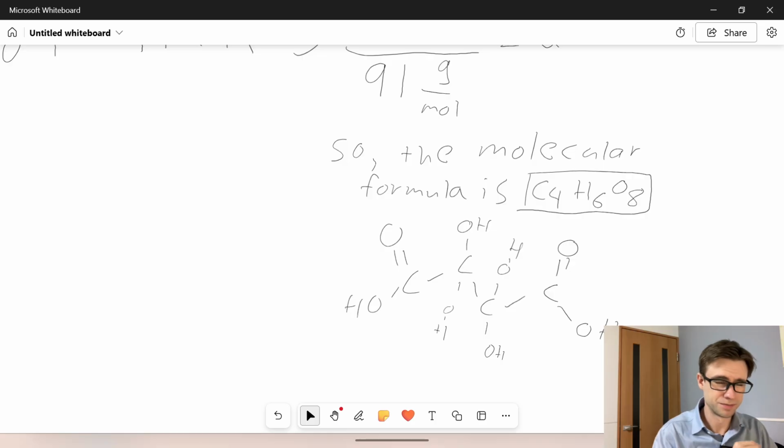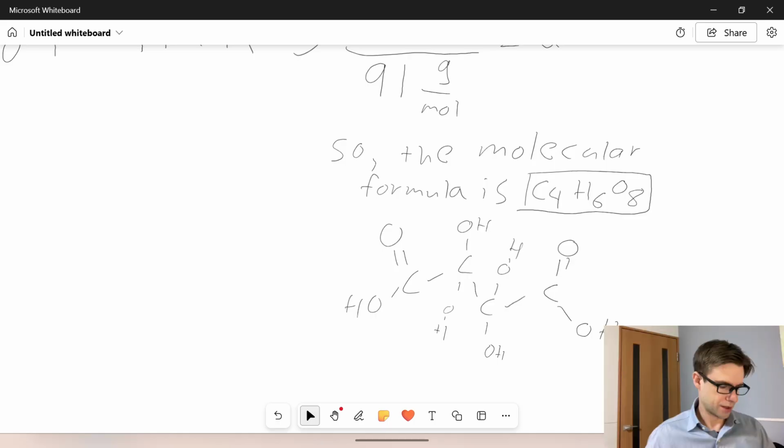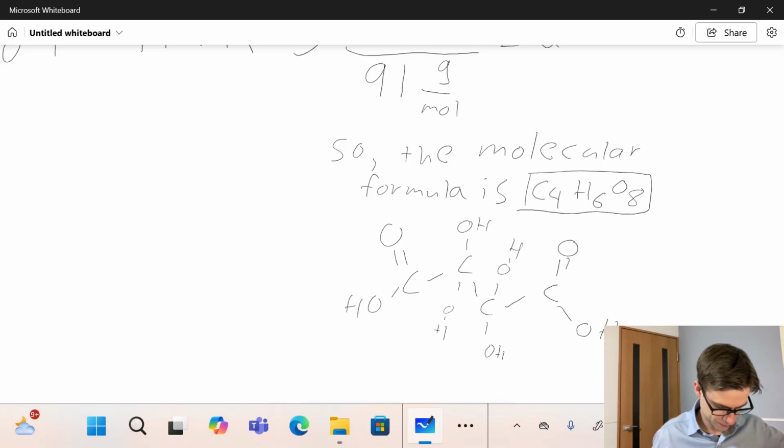It's called dihydroxytartaric acid or something. So that's a reasonable structure. I've drawn it pretty poorly, but there's nothing illegal about the bonding in this. I don't expect you to know what this is if you're just starting chemistry, but those of you who have studied organics later on, you might recognize that structure, or some parts of it anyway. Okay, let's go back 2 slides.